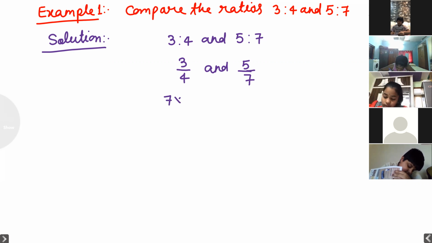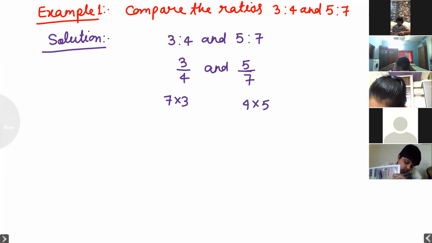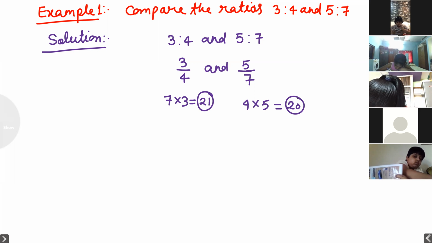7 into 3, 4 into 5. 7 into 3 is equal to 21. 4 5s are 20. Now tell me student, 21 is greater or 20 is greater? 21 means opening mouth, greater than.